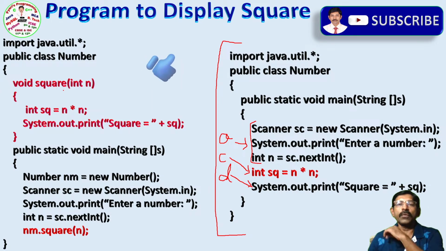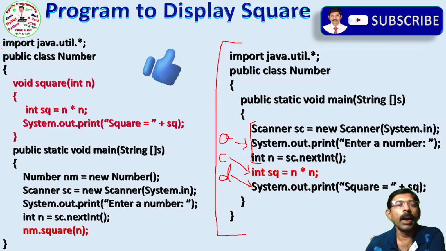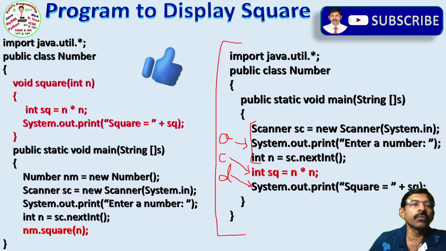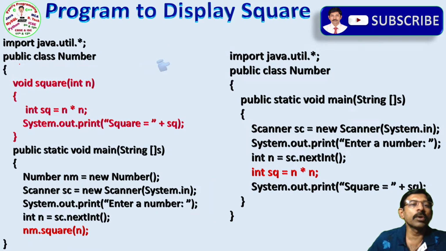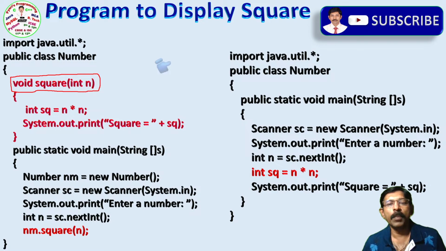Now, if I want to convert it to a method, I am doing the method with the help of this one. Look over here at this type. Which process are we using here: with return type with parameter, with return type no parameter, no return type with parameter, or no return type no parameter?